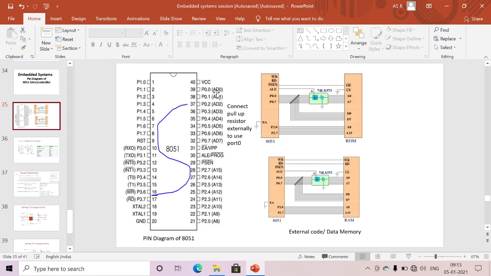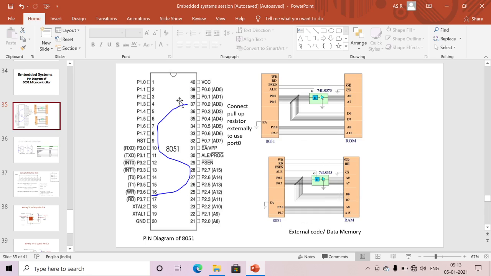Here we want to discuss that initially we can use this port for input and output, and if I want to connect any external memory, I can use these 8 pins for the address and data functionalities. For example, if I want to read data from memory or write data to the memory, first we need to identify the address.